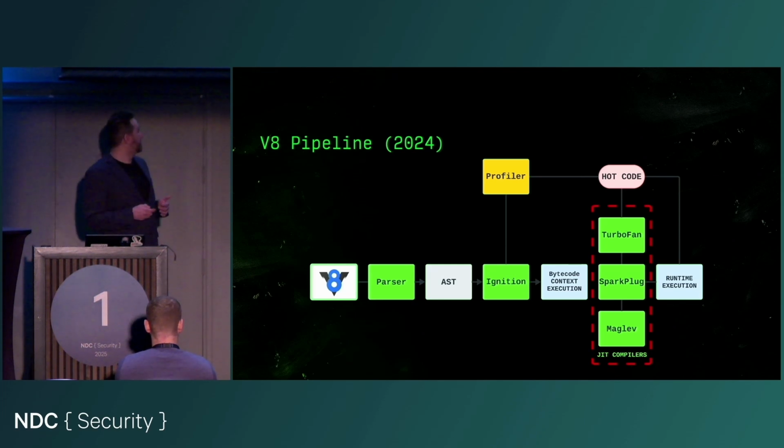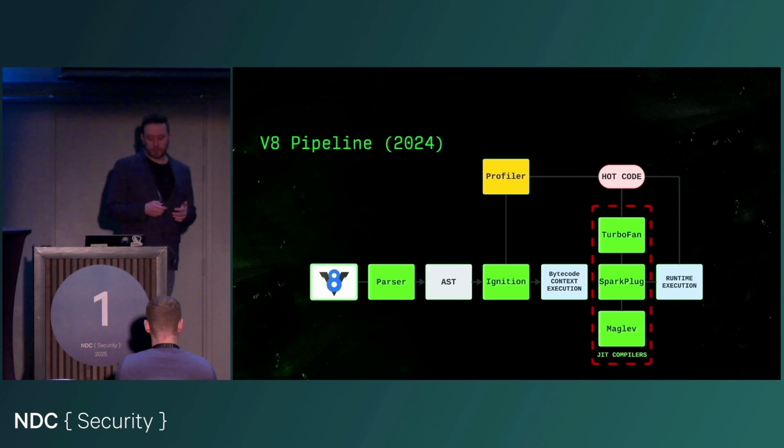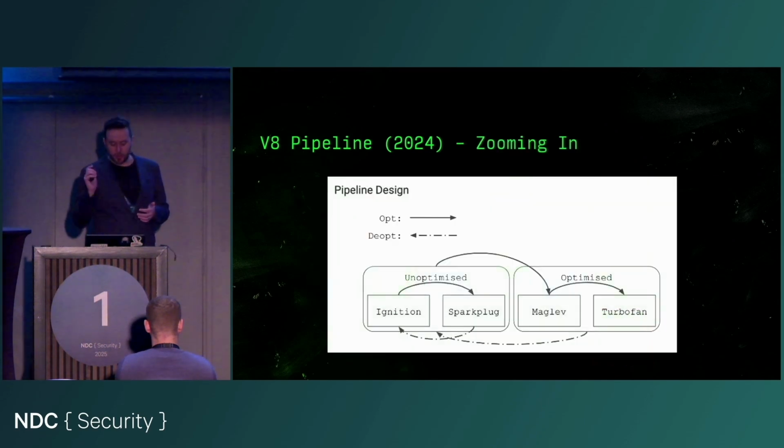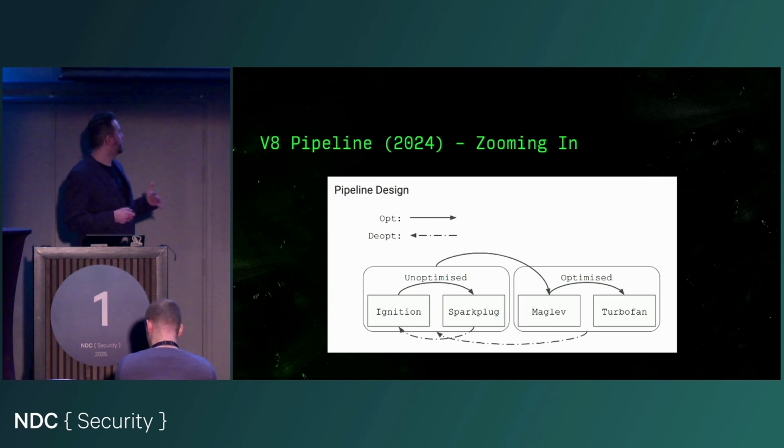We'll see more on Maglev in the last bug that we're going to see today. So that's zooming into the 4-tier compiler pipeline. We basically see that we have Ignition, Maglev, TurboFan, and Sparkplug. Ignition and Sparkplug are unoptimized, while Maglev and TurboFan are optimized.